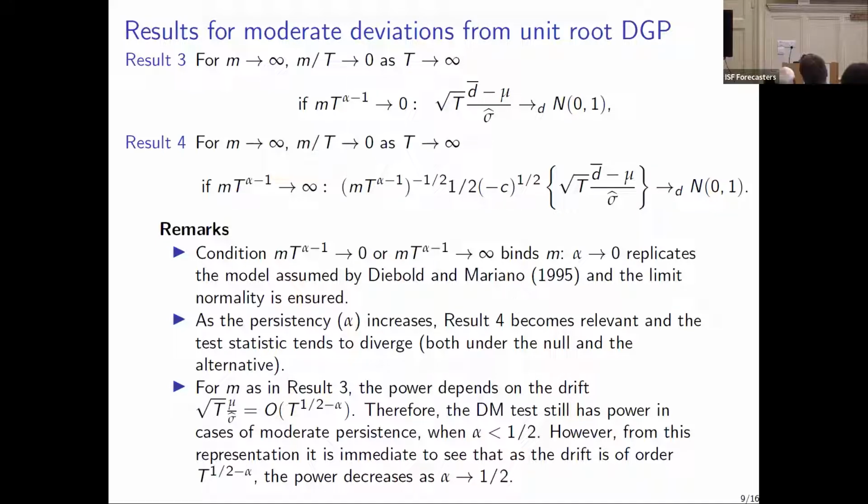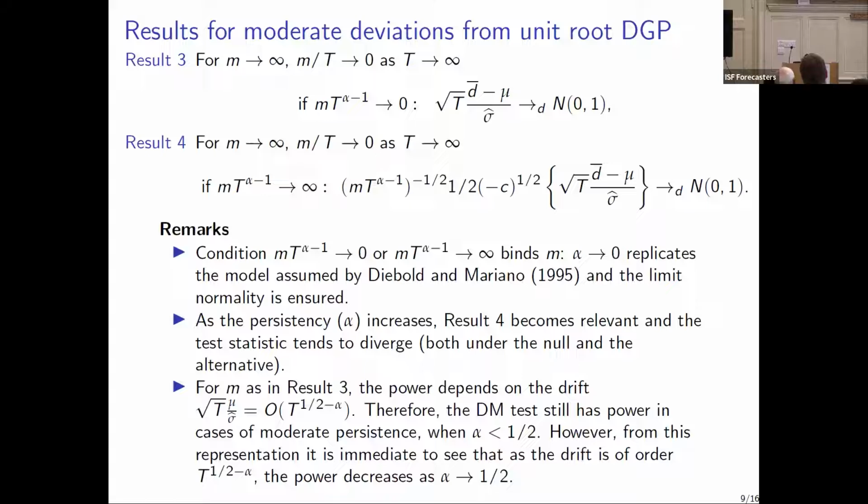In the other limit, this guy is actually pushing my statistic again. So again, I would have a divergence there. This tells me that the test may have a little power, because the power here depends on this drift that is of order t to the power 1/2 minus alpha, but not much power, and it tends to diverge anyway.